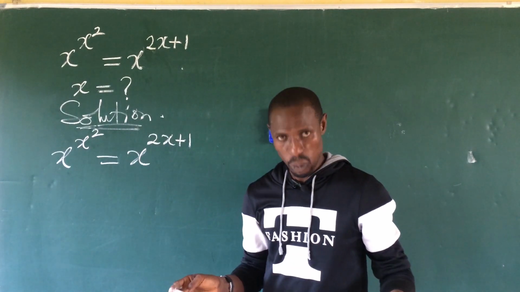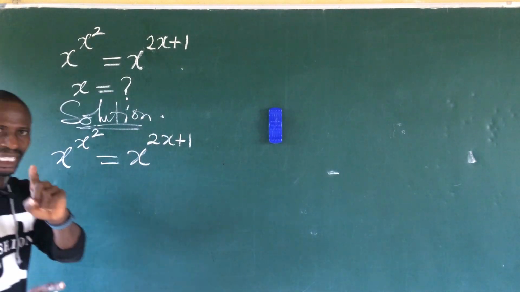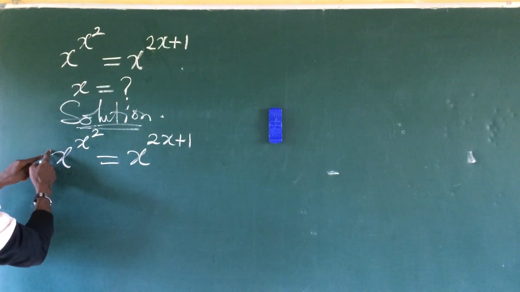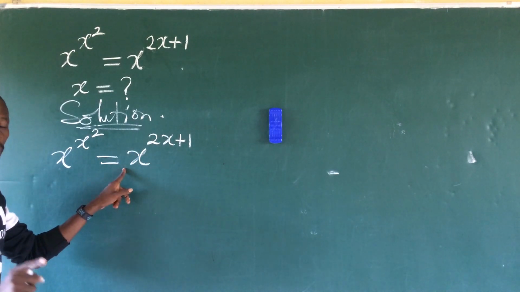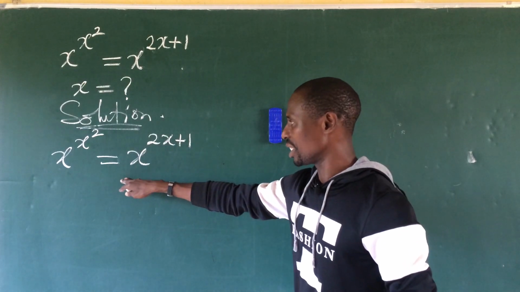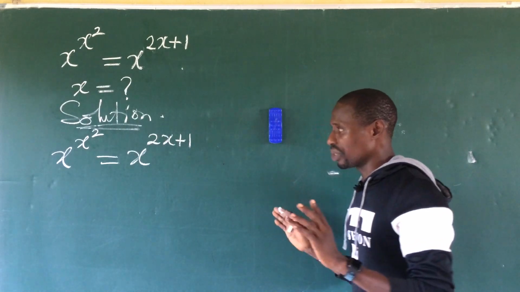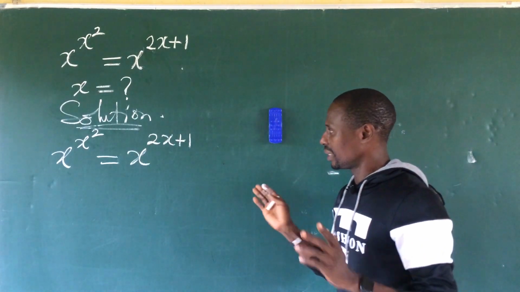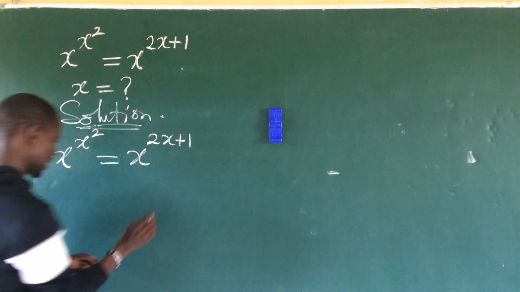So how do we get that 1? This is the first assumption. The coefficient of x here is 1, and the coefficient of x here is 1. So definitely, 1 is a root to this exponential challenge. But if you doubt that theory, then let's prove it from this solving. Look at the method I want to apply here now.